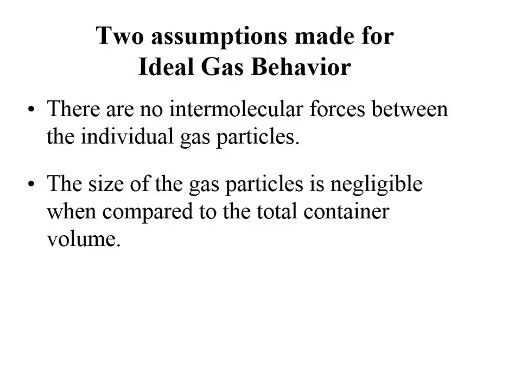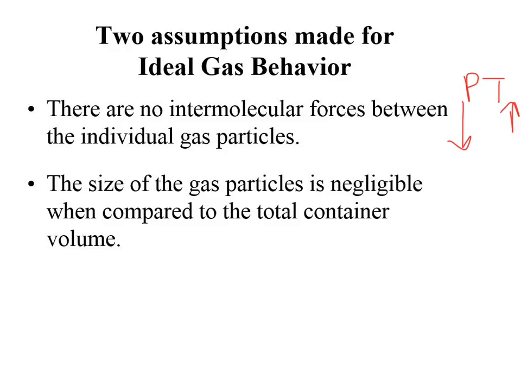So the lower the pressure, the more likely that is to be true. The other thing is, if they have a lot of kinetic energy, as shown by this arrow, the more likely they are to be oblivious to each other. So they're at low pressures and high temperatures. T is high. So ideal behavior generally is at low pressures and high temperatures.